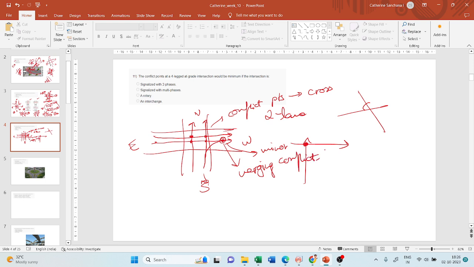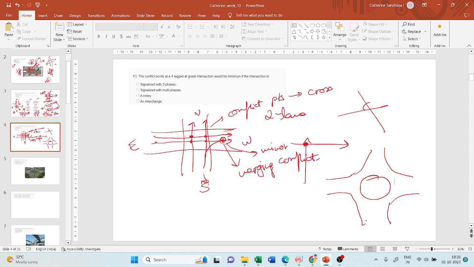Okay, if you see Sir's slides, Sir would have given many methods to reduce the number of conflict points. One way to reduce the conflict points is to give a rotary interchange. A rotary interchange is nothing but a roundabout. It still has four legs, but you've introduced a round channelized island in between.